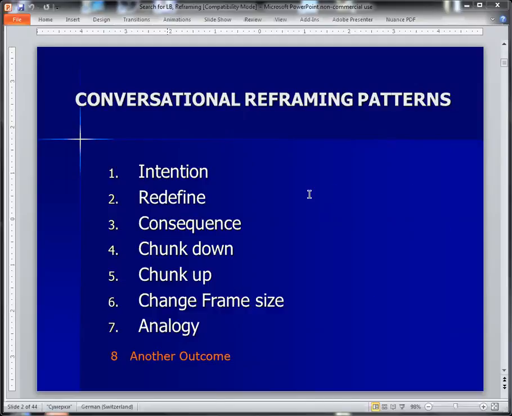Intention is when a person has a certain limiting belief. Usually they don't realize that when it was formed, it actually served some positive purpose. Usually it's completely forgotten. People look at that limiting belief as something they need to fight with.